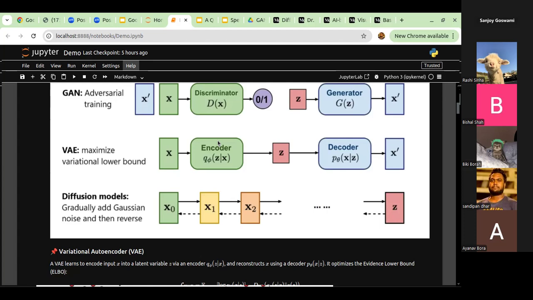Once you train it, even when you give a new X, the reconstructed image should look more similar to Ghiblified art. So this is how variational autoencoder works.